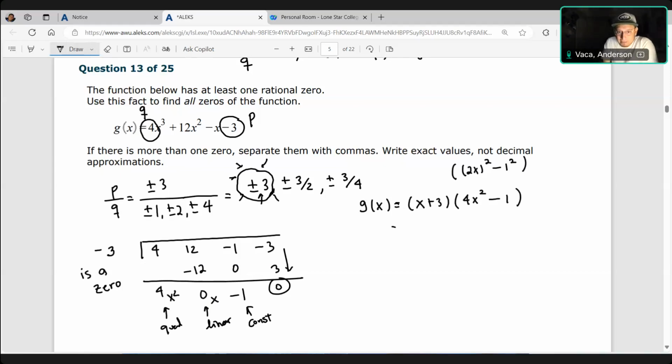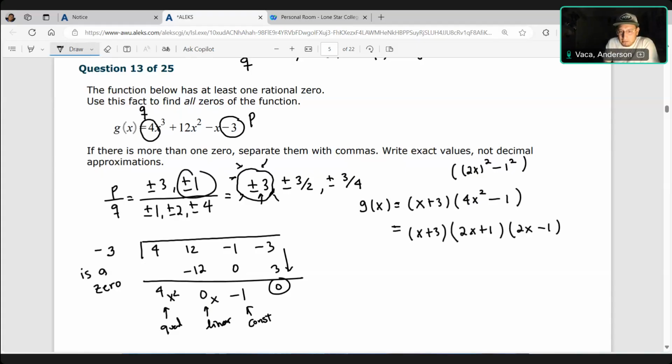And that factors into, let me show you, 2x plus 1, 2x minus 1. Did I miss one over here? Oh, shoot. I got lucky because I actually missed 1. And so therefore, what are the other zeros?